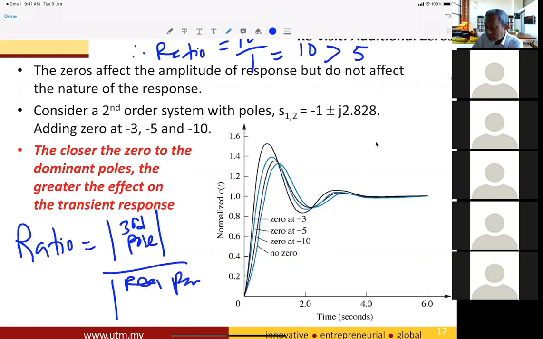So take the real part of the dominant pole, the modulus, positive. If the number is negative, you make it positive. Okay, understand? Ratio? Hello? Yes, doctor.